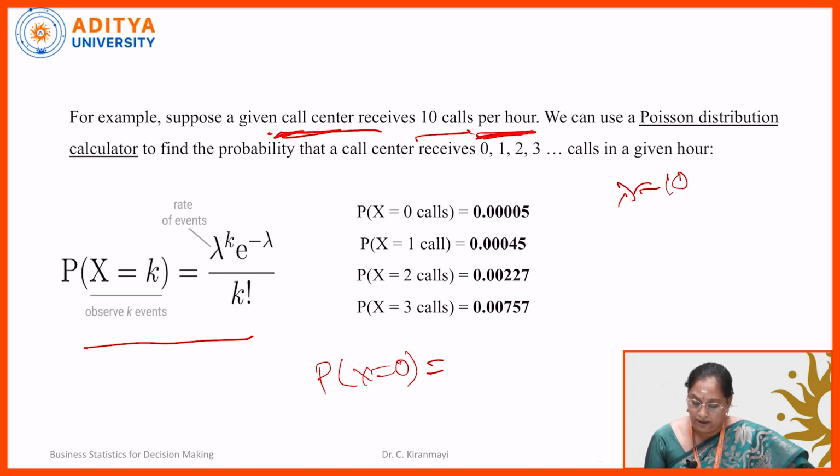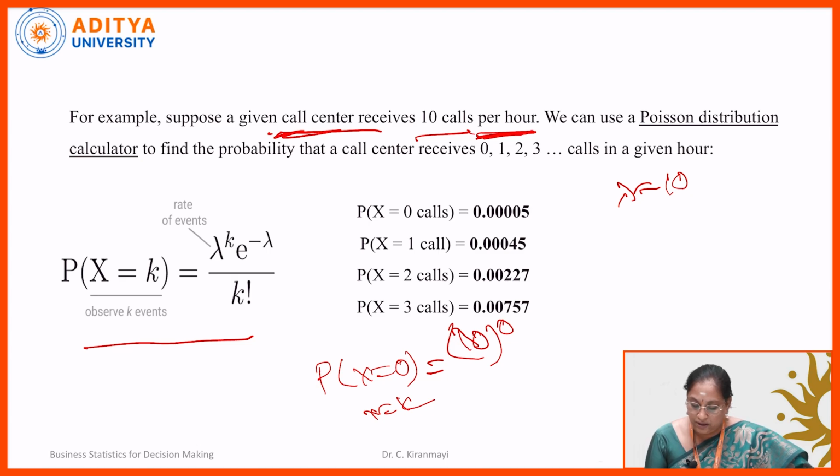So, lambda is 10 and we are asked to find P of x equal to 0, the probability that in 1 hour the call center will not receive any call. The formula uses lambda, which here is 10, and k is 0, so x is equal to k here.